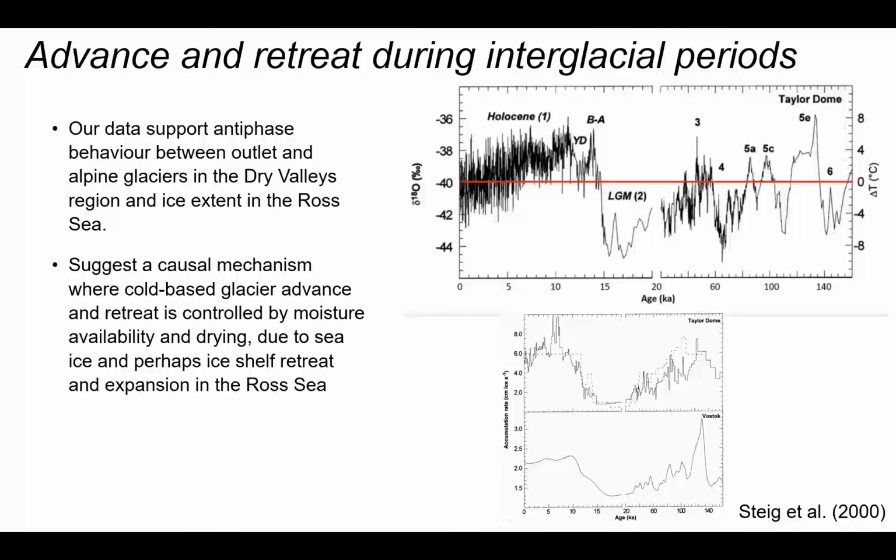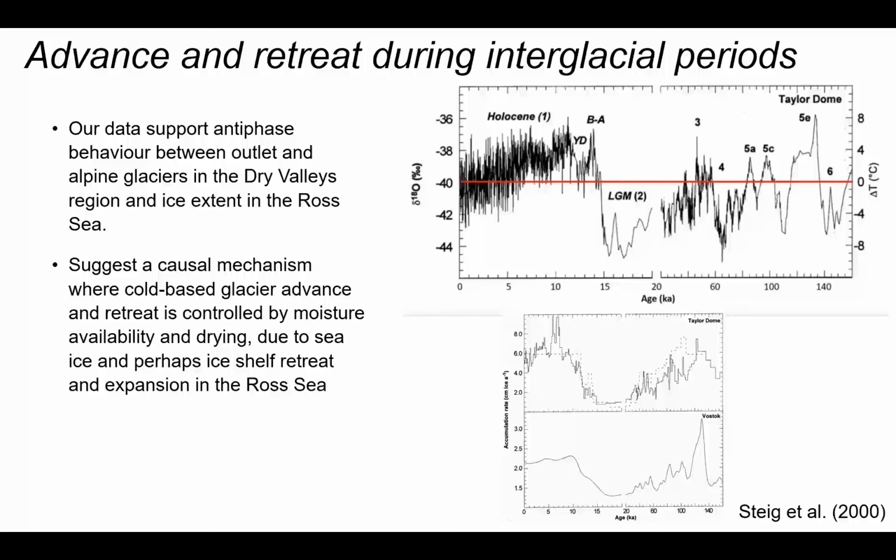And our data support anti-phase behavior between the outlet and alpine glaciers in the dry valleys and ice extent in the Ross Sea. And this suggests a causal mechanism where cold-based glacier advance and retreat is controlled by moisture availability and drying due to sea ice and perhaps ice shelf retreat and expansion in the Ross Sea.